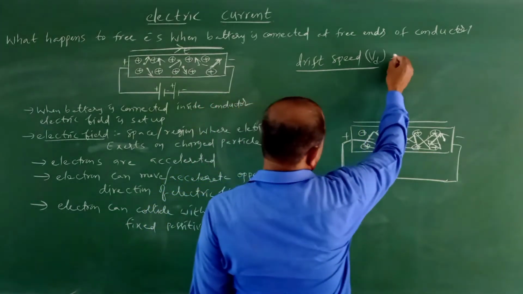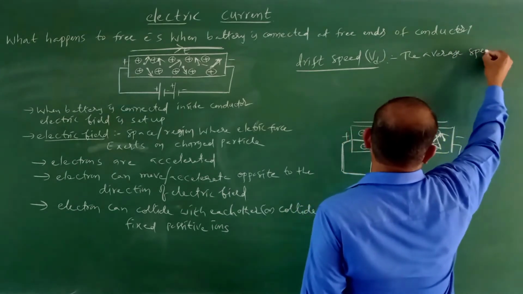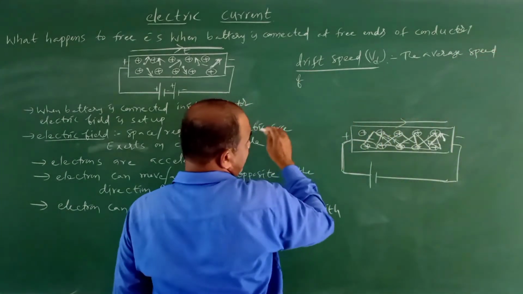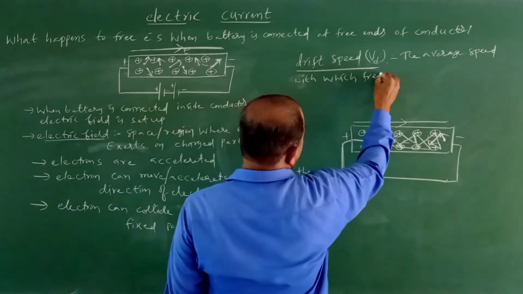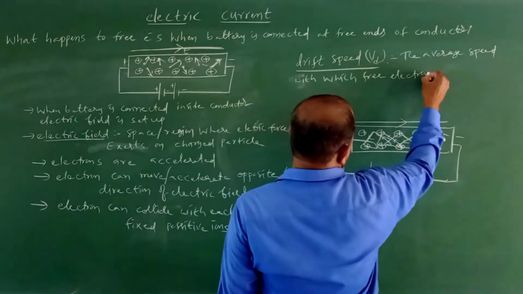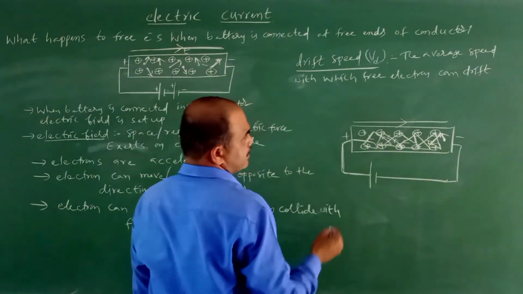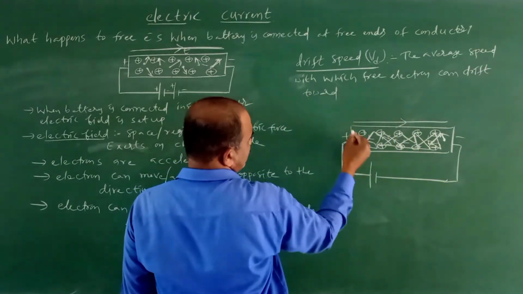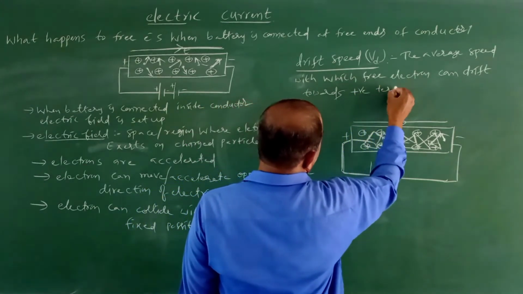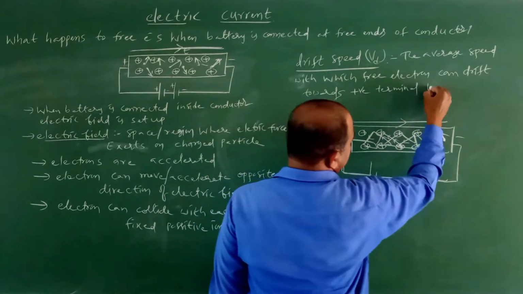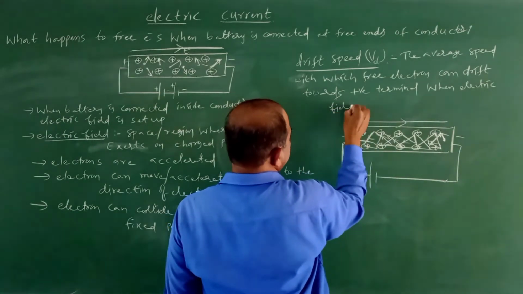The drift speed is the average speed with which free electrons drift towards the positive terminal when an electric field is applied.